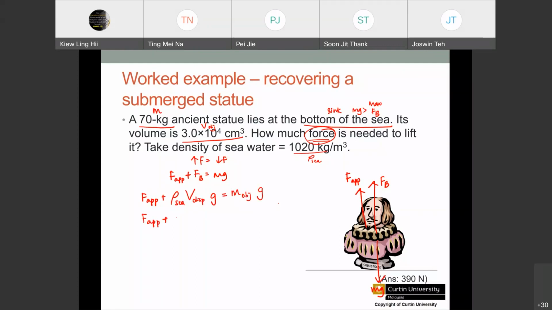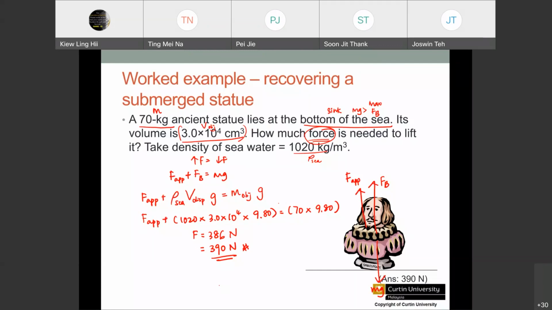Density 1020 times the volume of the object, which is 3 times 10 to the power of 4, times 9.8, equals mass of the object 70 times 9.8. So the buoyant force is 386, or you round off to two significant figures, 390. Okay, so this is the external force that you need to apply on this statue.